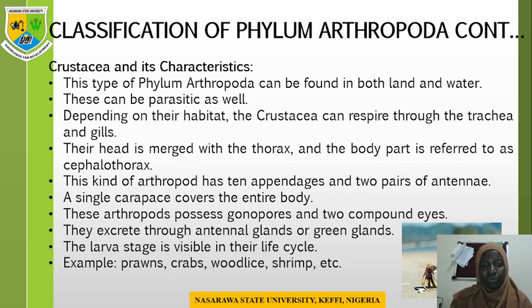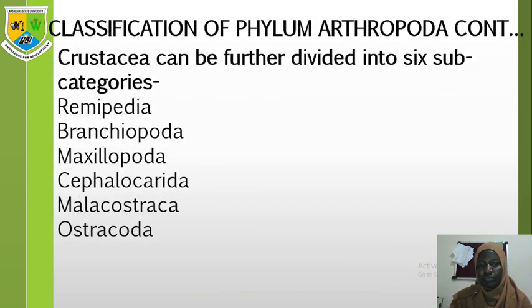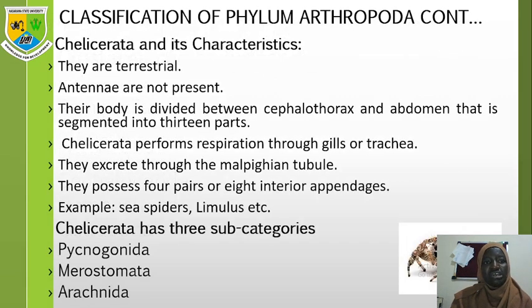Examples of these are prawns, crabs, woodlice, shrimps, etc. Crustacea can further be divided into subcategories: the Remipedia, the Branchiopoda, the Maxillopoda, Cephalocarida, Malacostraca, and the Ostracoda. Some of these forms are still living, and most of them we study in the fossil form.